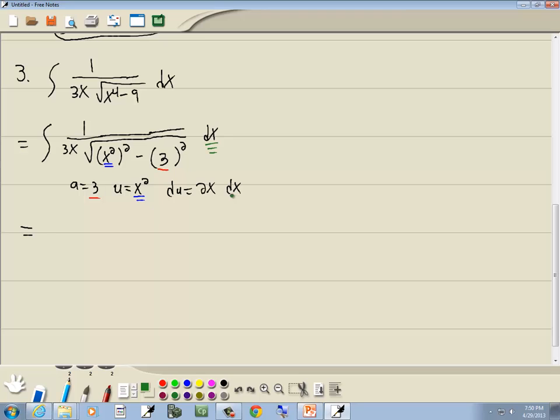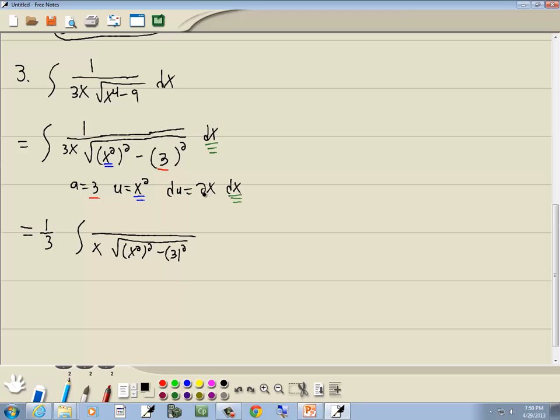And dx, okay. Well, to begin with, we got an extra 3 down in the denominator, so I want to go ahead and throw it out in front. So then we got x, and then the square root of x squared squared minus 3 squared, like that. Okay, so that would get rid of that.